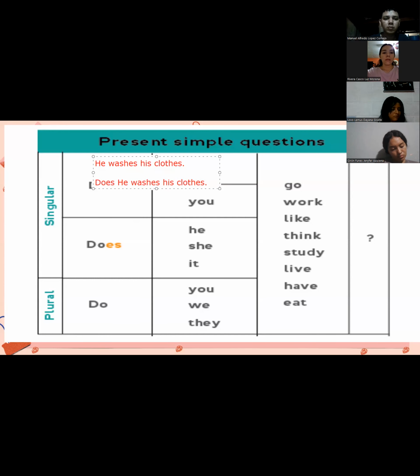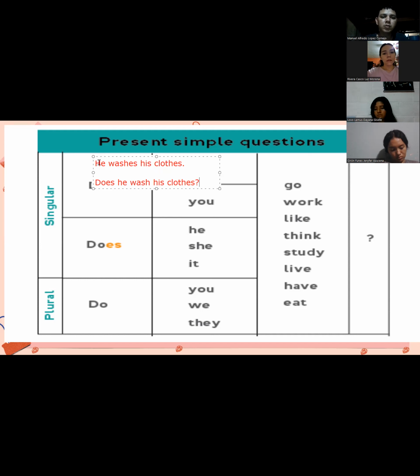I will put does he. And then what happens to the verb? The verb is going to be in the base form. So I'm going to say, does he wash his clothes? And I need to change the period to a question mark.